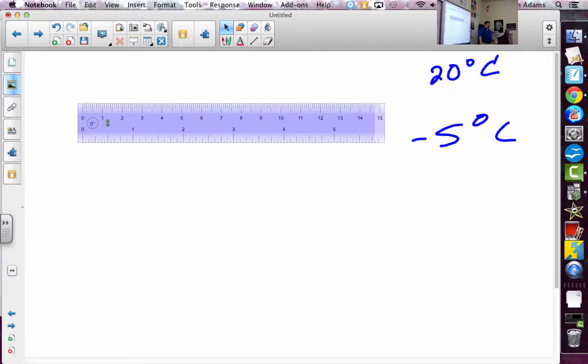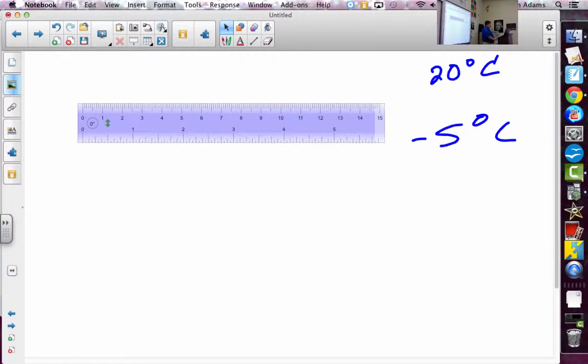So let's think conceptually before we start throwing a bunch of formulas around and trying to calculate it. What's this thing going to do when I put it in the freezer? It's going to contract. It's going to shrink. So if they want a percentage, we need to calculate some numbers. Okay?